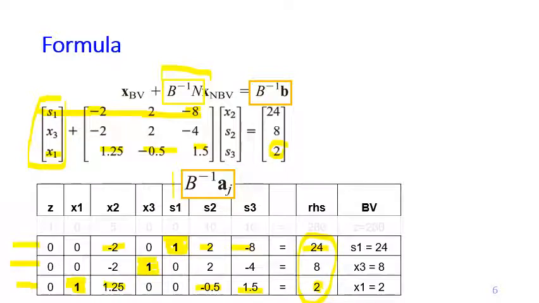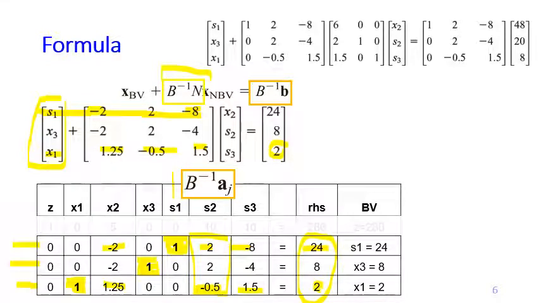But if you multiply B inverse times Aj, you will get just one specific column of a non-basic variable that you're interested in. If you're just looking at one particular variable S2, it means you're just looking at that column. So the result will be 2, 0, minus 0.5.